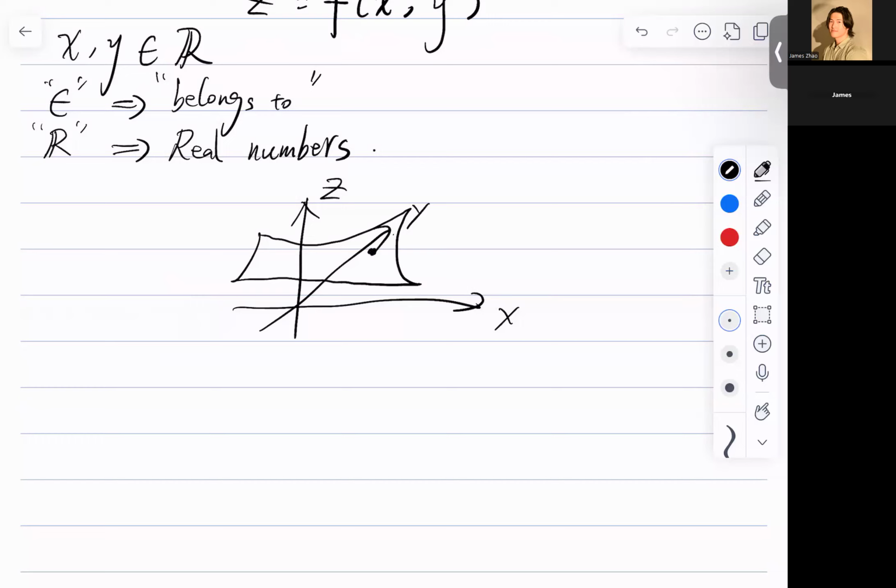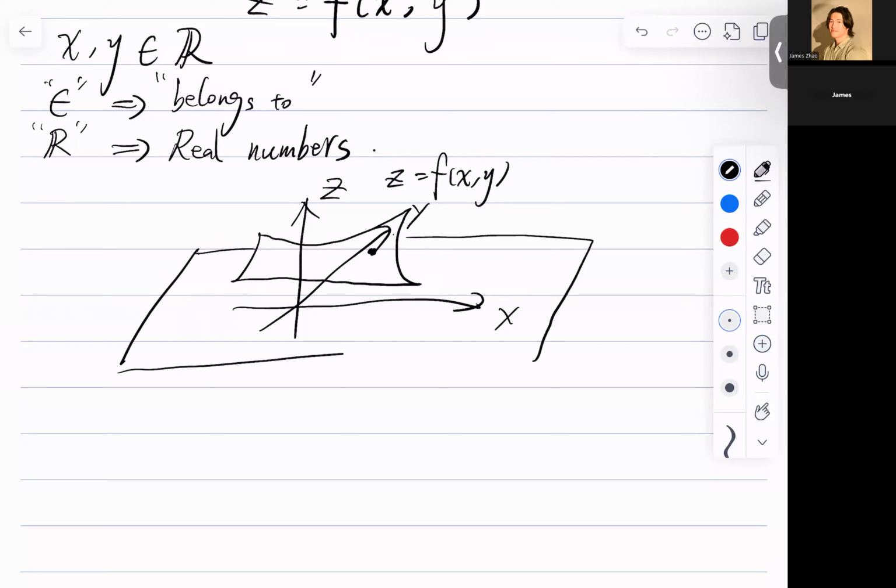So this point is z. And let's draw our xy plane for reference. And here, if we project this point onto our space, this becomes the xy location of where this value is. Great.